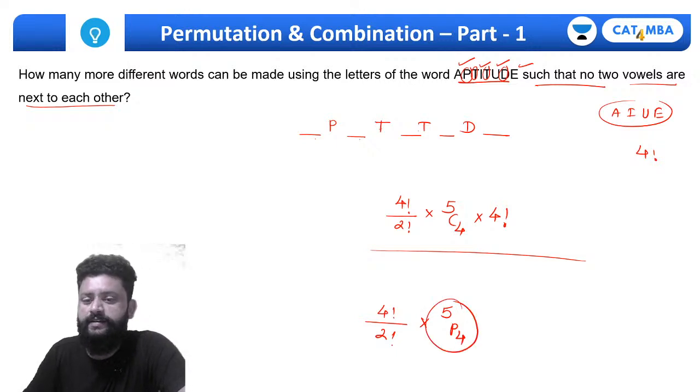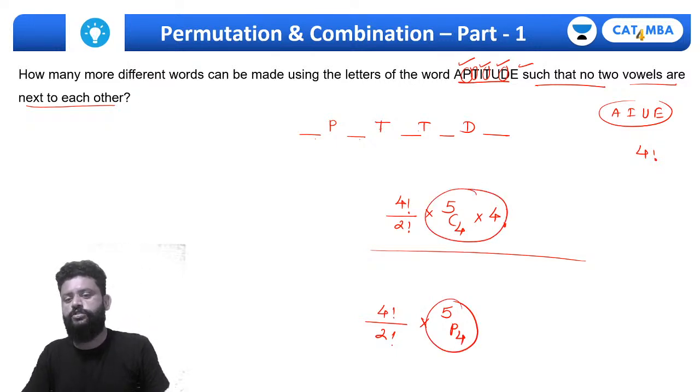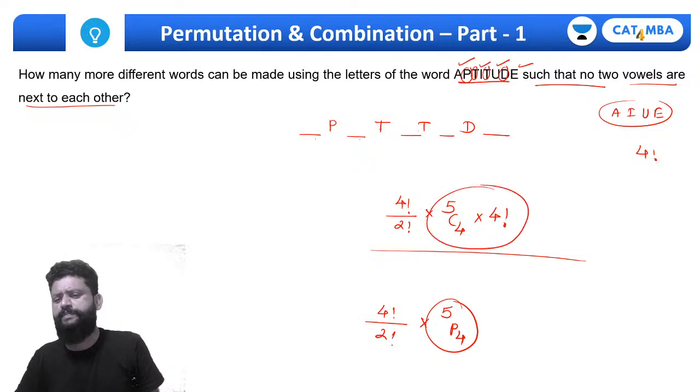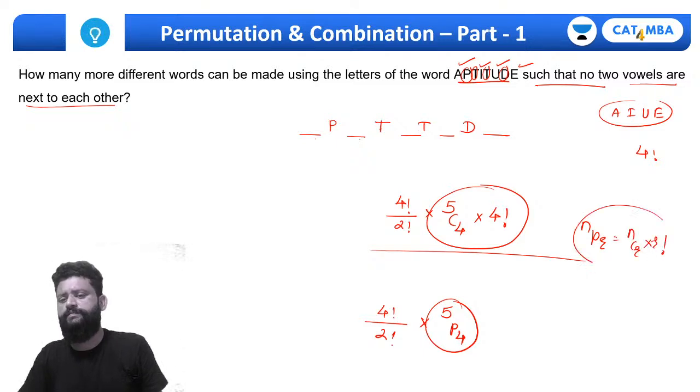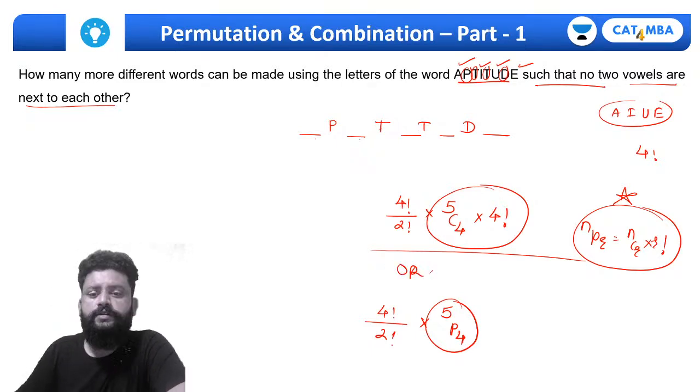That's perfectly fine. तुम 4 places select करो and चारों को arrange करो, NPR. NPR is always equal to NCR into R factorial. So you can do either of these 2 ways, जो भी तुम्हें comfortable लगे, you can do that.